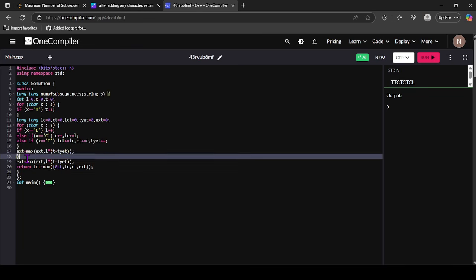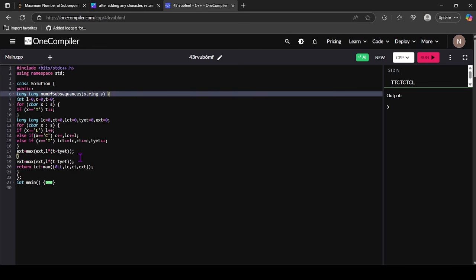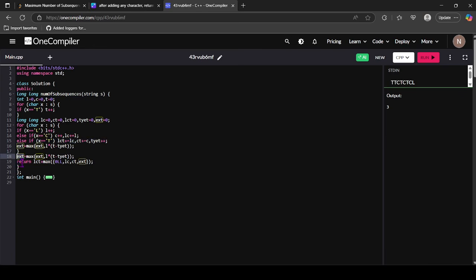So in this way we get the extra part of everything, the maximum extra part, and finally we simply return the maximum. LCT is the original subsequence count, and LC is the subsequence count that we get when we add T at the last. CT is the subsequence count that we get when we add L at the beginning, and extra is the part where we add C in the middle.